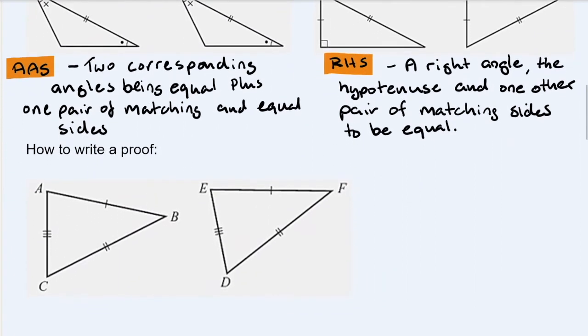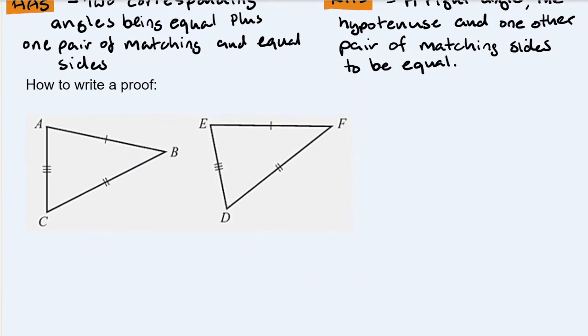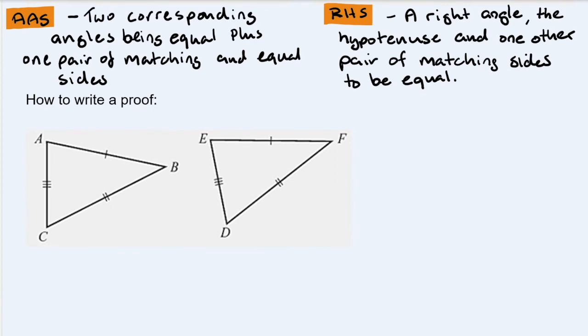Okay. How do we write proofs when we're talking about congruency? Well, here's an example. We have 2 triangles here, ABC and EFD, and we want to be able to write that as a proof. So, what we do is we will write down all the things that we know.